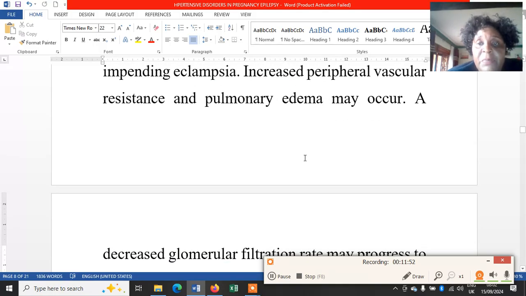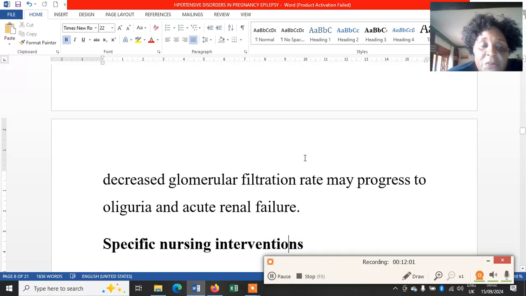So increased peripheral vascular resistance and pulmonary edema may occur. Here we have a decreased glomerular filtration rate, which may progress to oliguria, and from oliguria we can go to acute renal failure.